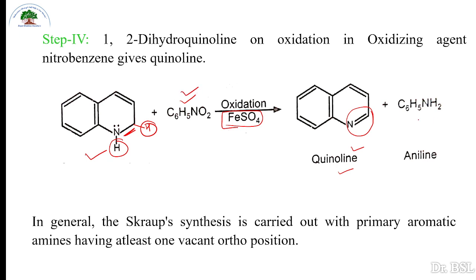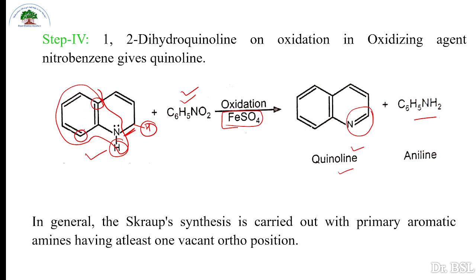And there is conversion of nitrobenzene into aniline. In general, the Skraup synthesis is carried out with primary aromatic amines having at least one vacant ortho position. Suppose this is the structure of aniline, at least this one or this one.